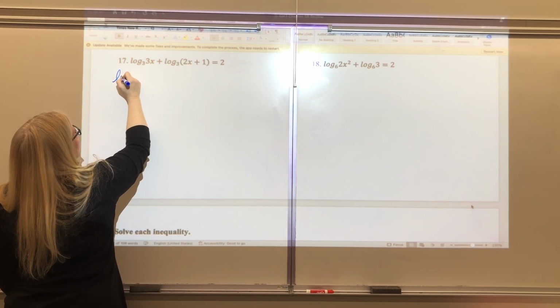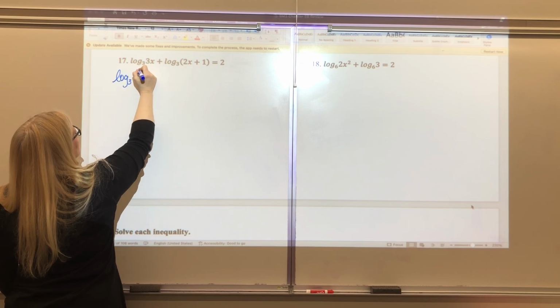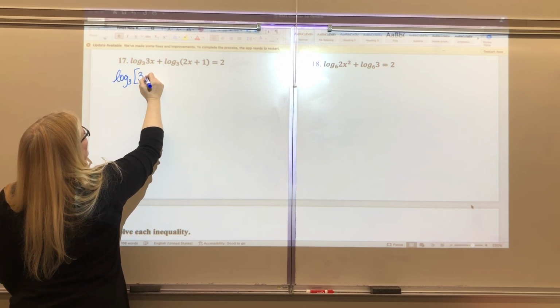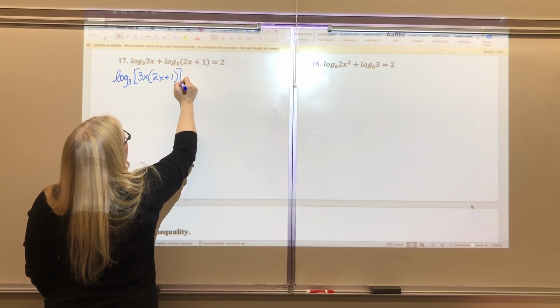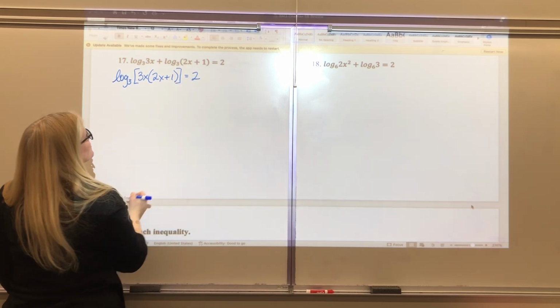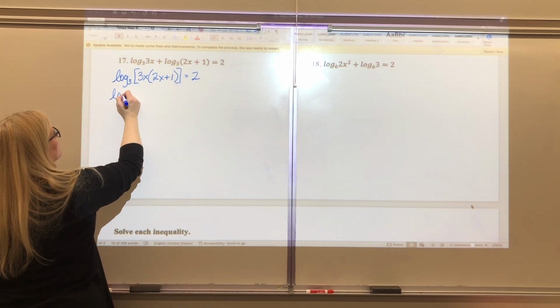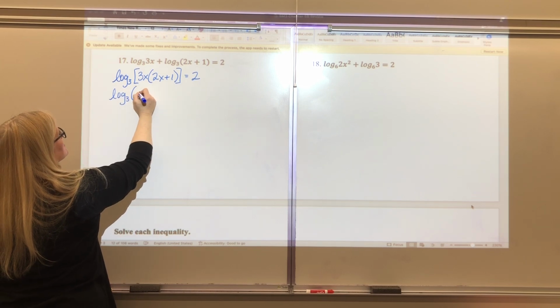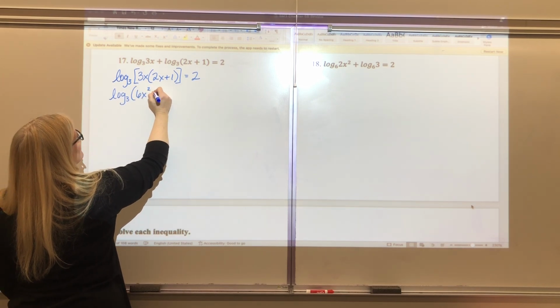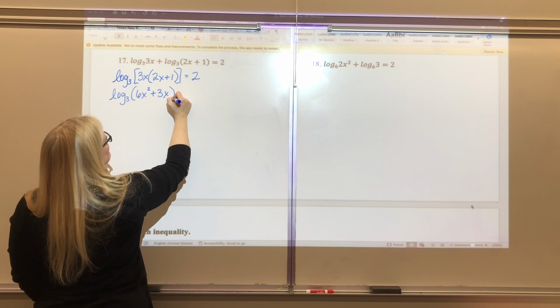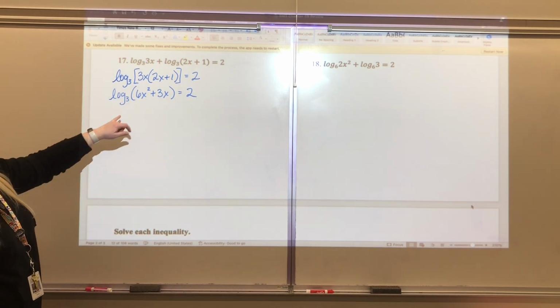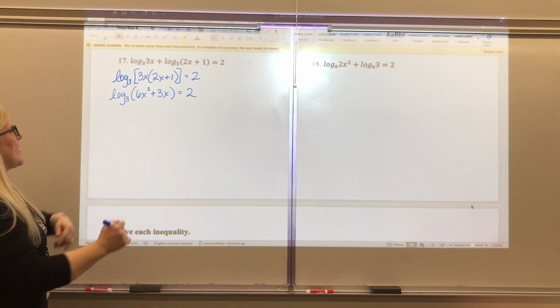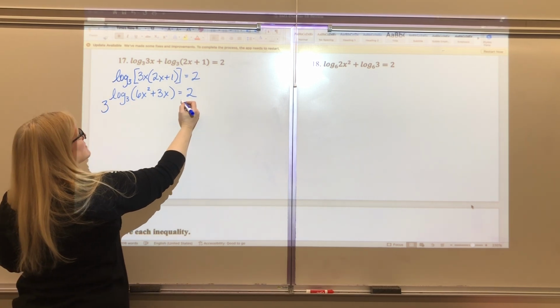Okay, I've got log base 3, I've got to condense it, and I've got 3x times 2x plus 1 equals 2. I'm going to distribute that 3x to get 6x squared plus 3x equals 2. So now I'm ready to go. I'm going to bump these two up, make 3 a base.